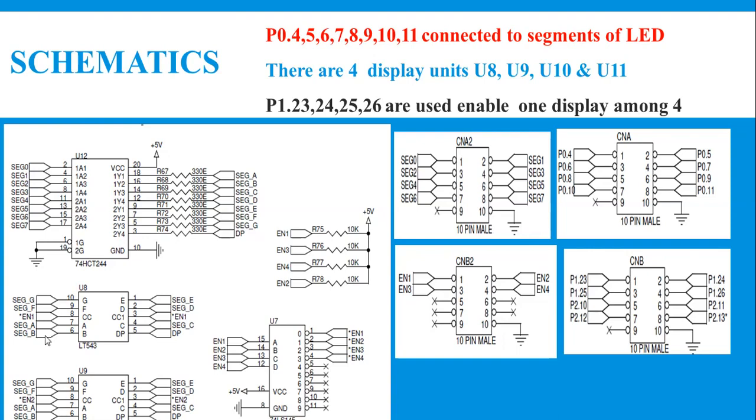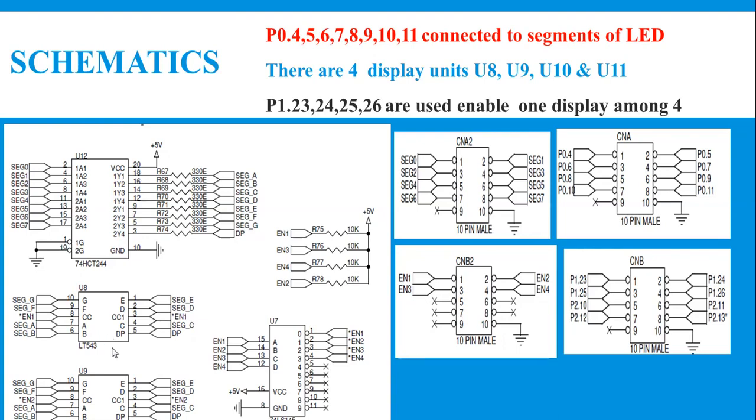So segment A, B, C, D, E, F, G and the dot point. Along with that, a common cathode terminal which is CC and CC1, which is connected to star enable 1. So this LT543 7 segment display is common cathode type of 7 segment display.